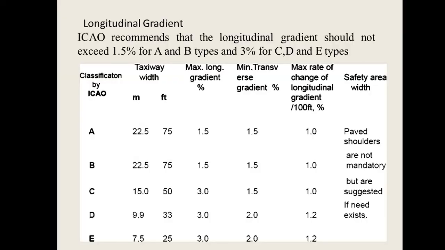ICAO recommends the longitudinal gradient should not exceed 1.5% for A, B type airports and 3% for C, D and E type.